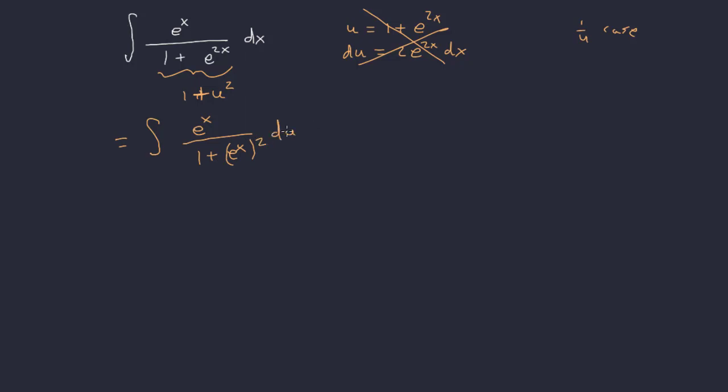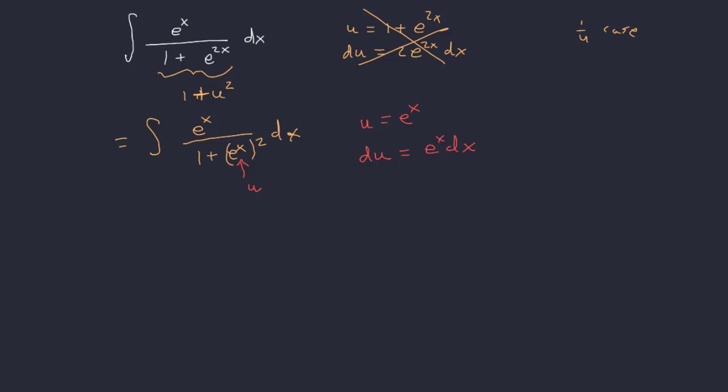And now I'm going to make this the u. So u, I'm going to make e to the x, then du is e to the x dx, and oops, I see I messed something up there. I put a du a little too early for that. That's still a dx.